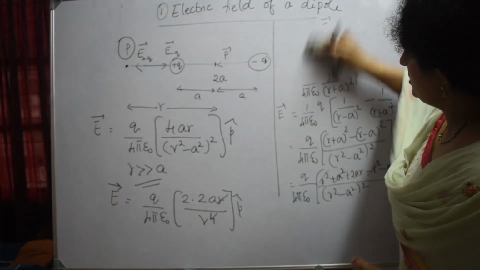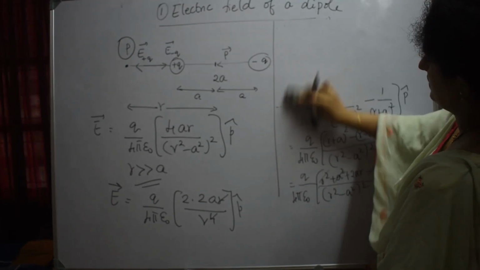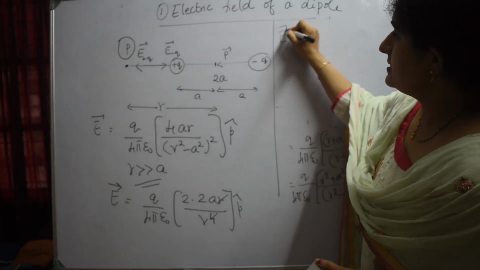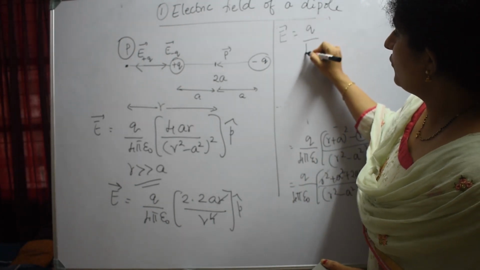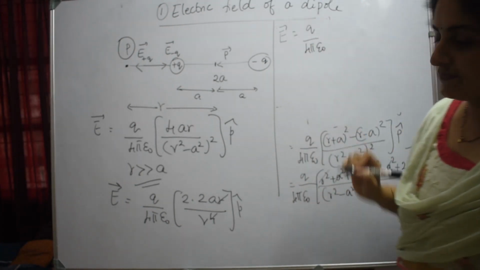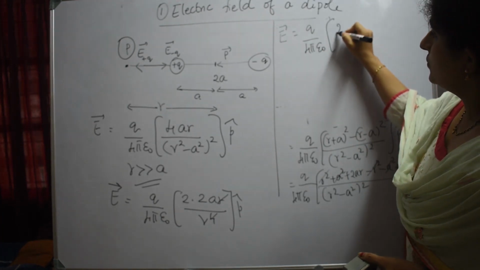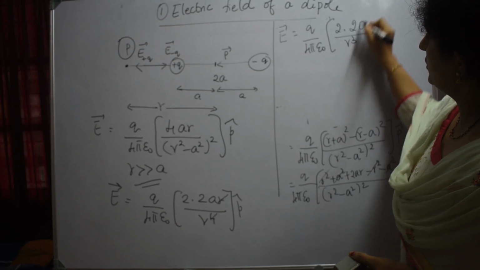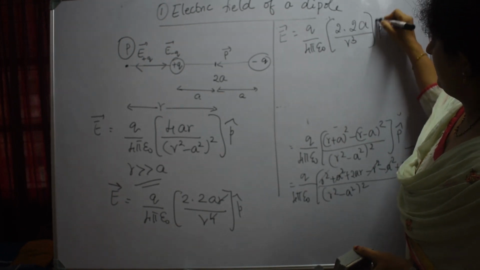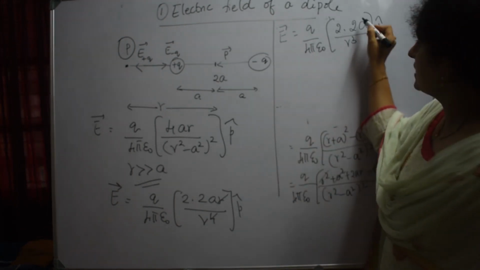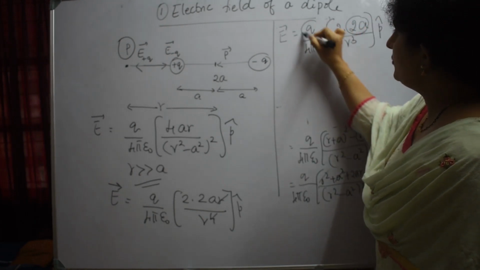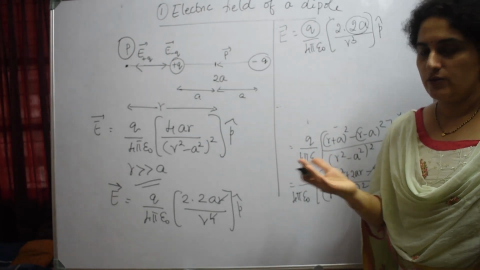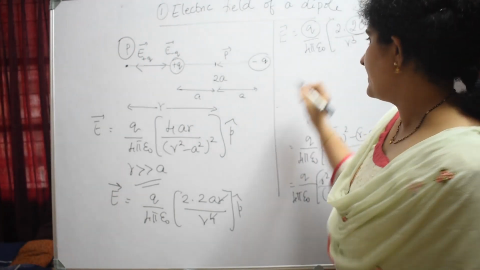So the final equation will be E is equal to q by 4 pi epsilon naught into 2 into 2a divided by r cube into p cap. Now 2a into q, we can call it as dipole moment.